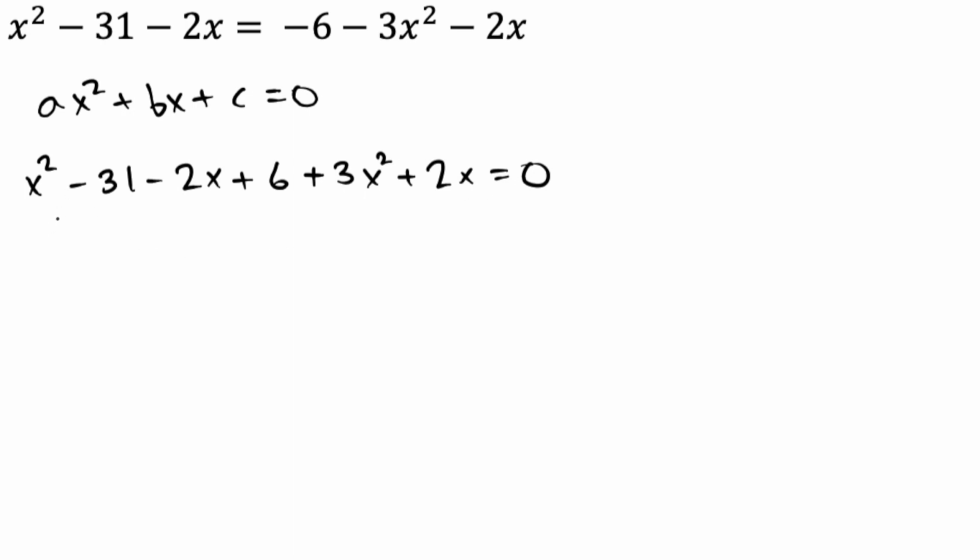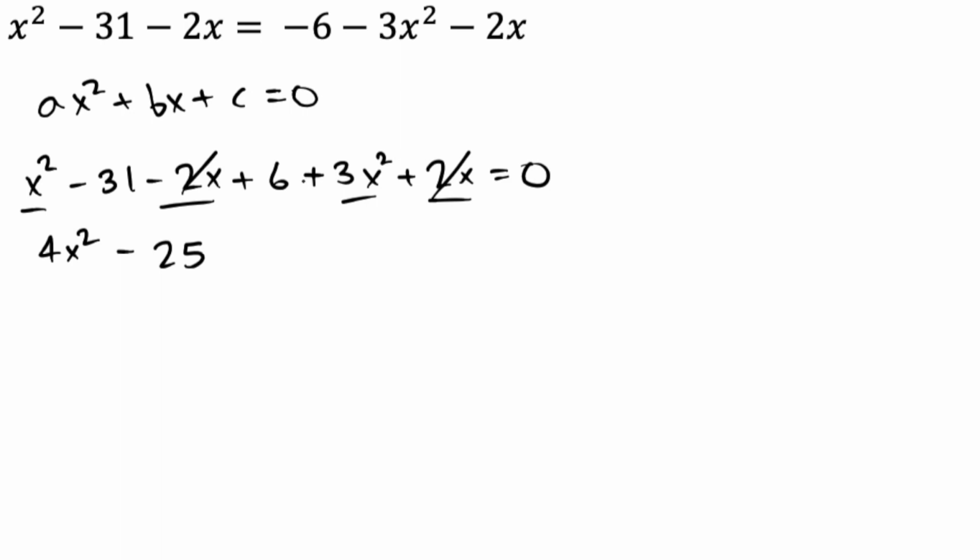Now let's combine the like terms. We get x squared and 3x squared combined to become 4x squared. We get negative 2x and positive 2x cancelling out to give us 0. Then we get negative 31 and plus 6. This gives us negative 25.